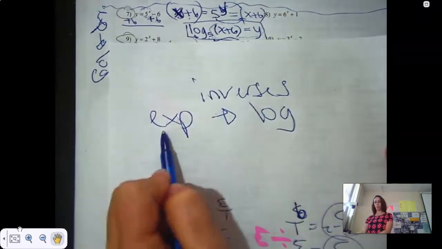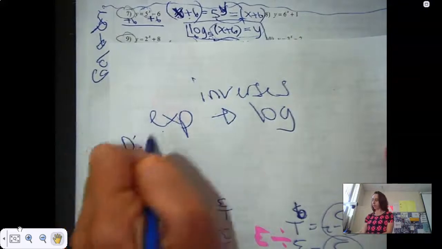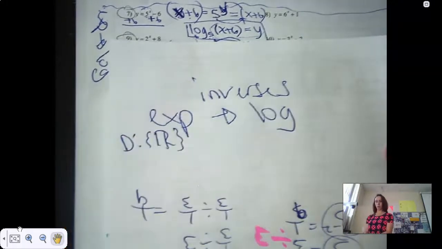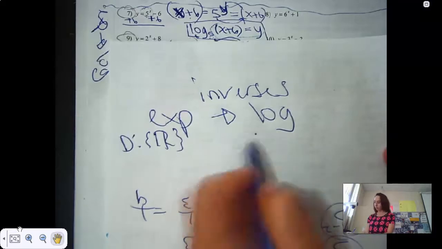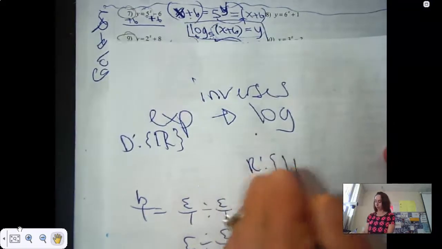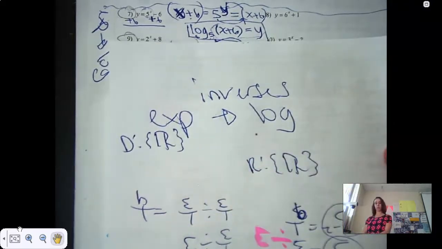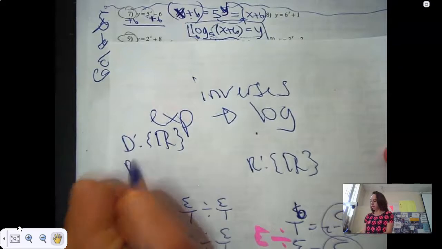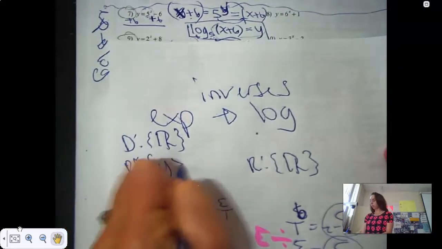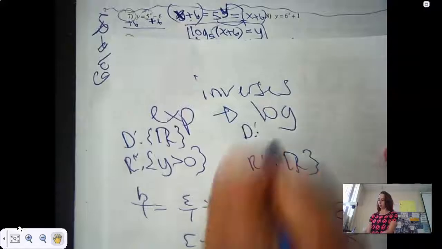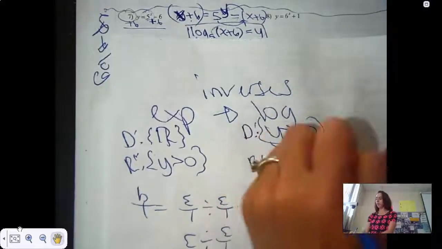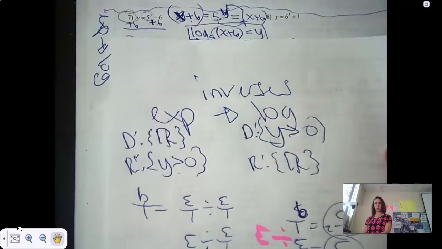Well, if they're inverses of each other, and the domain here is all real numbers, does that mean the domain here is all real numbers? No. That means the range is all real numbers. And if I said in the other one that y is greater than 0, what does that mean the domain's got to be? Greater than 0, unless there are transformations.